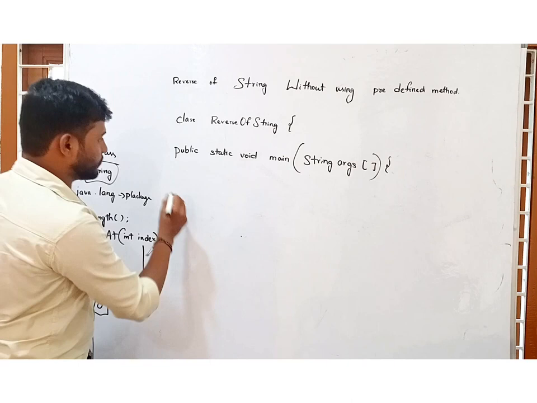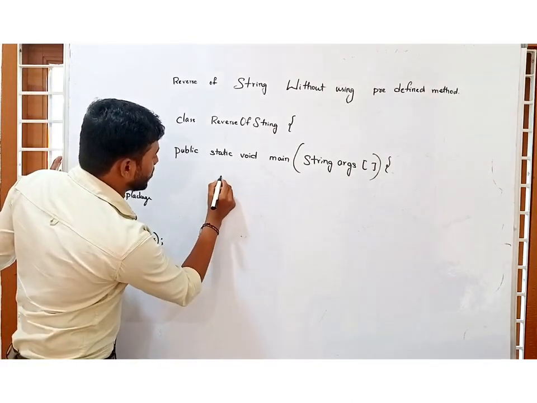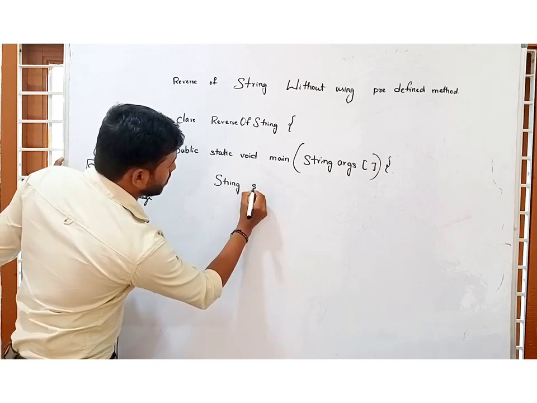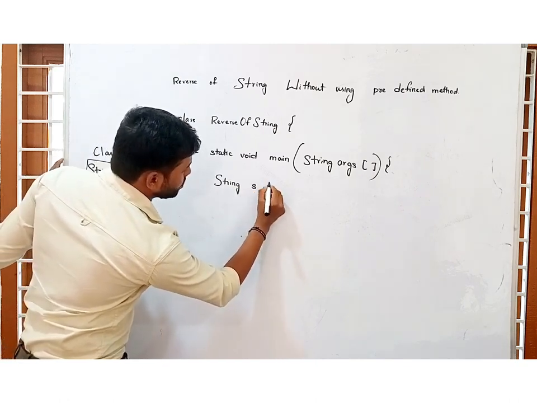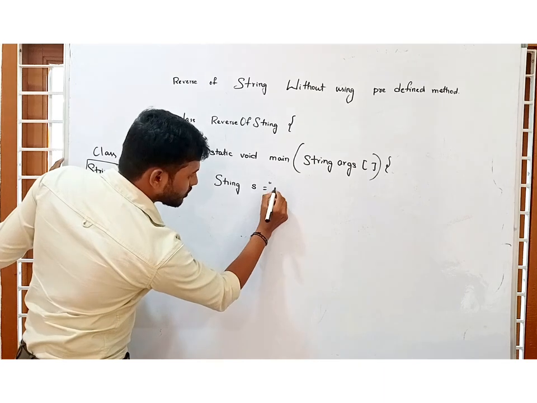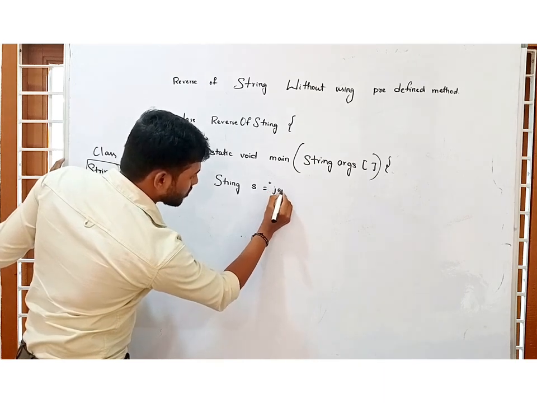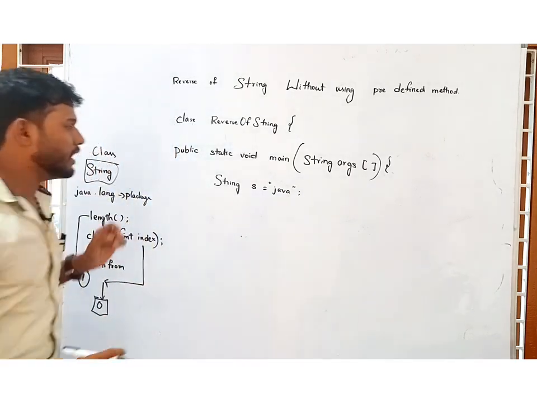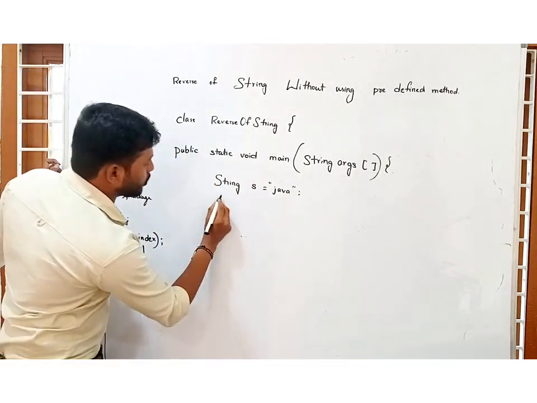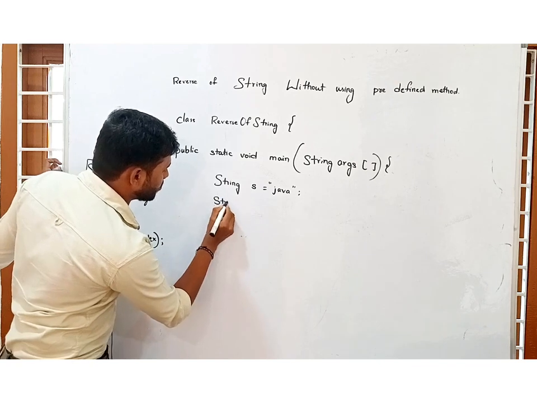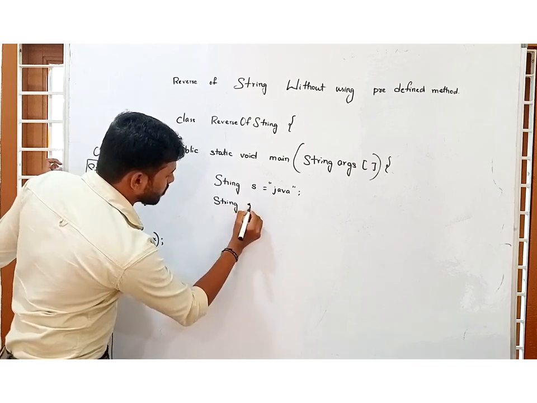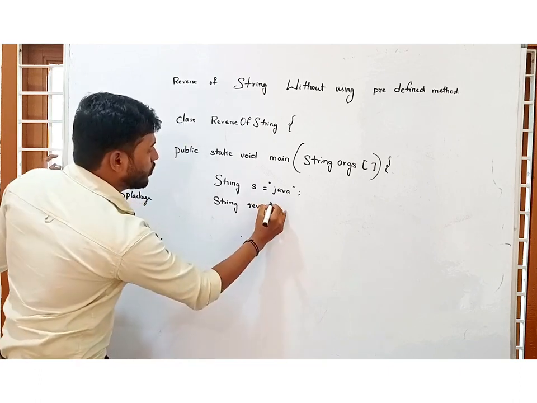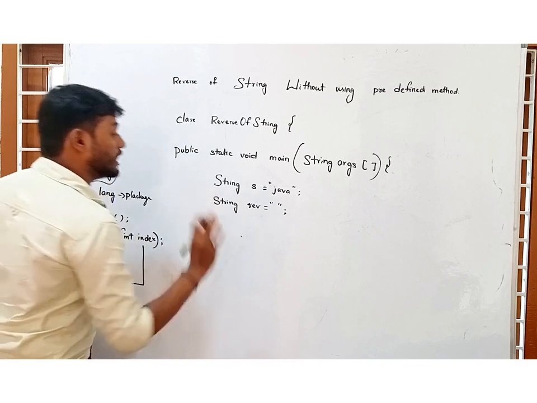Now let us see. Here I am declaring one string: String s equal to "Java". And here I am declaring another string, the string reverse. Reverse equal to, here I am just initializing.